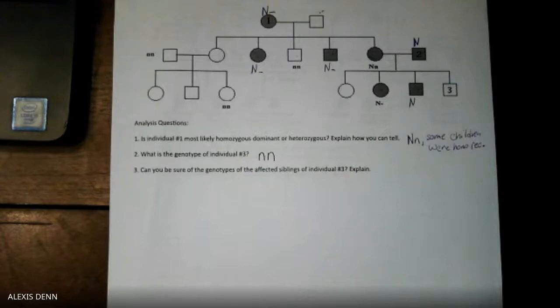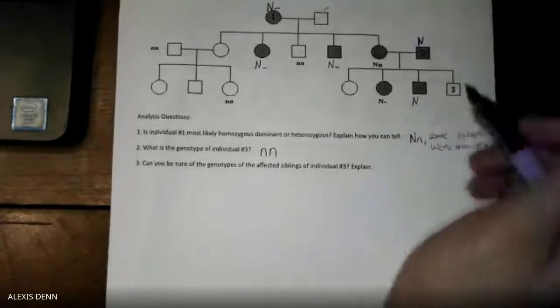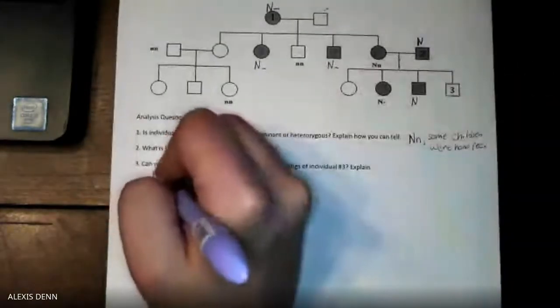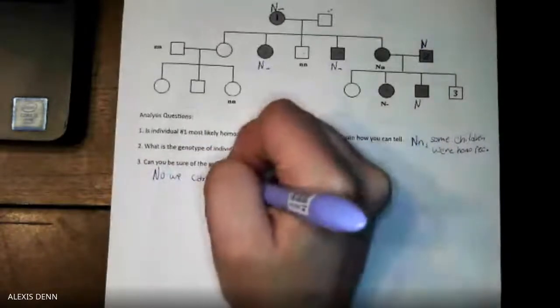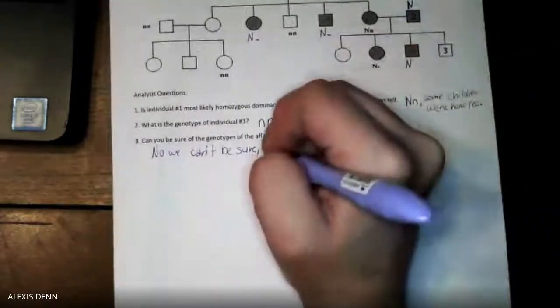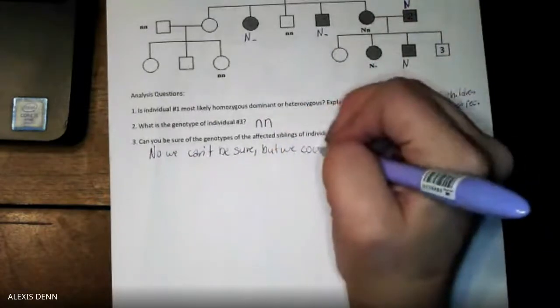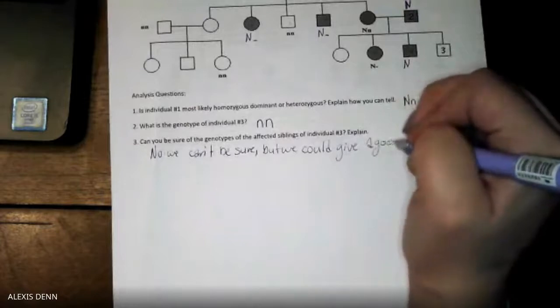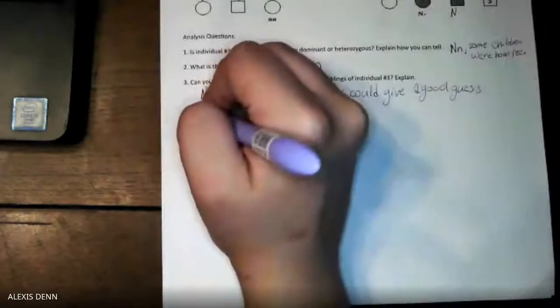Can you be sure of the genotypes of the affected siblings of individual number 3? The short answer is no, we can't be sure. But we could give a good guess using Punnett squares.